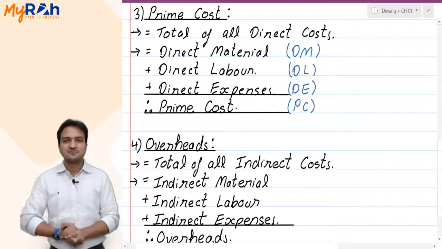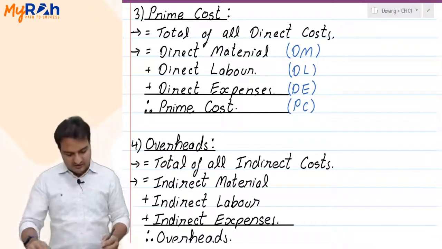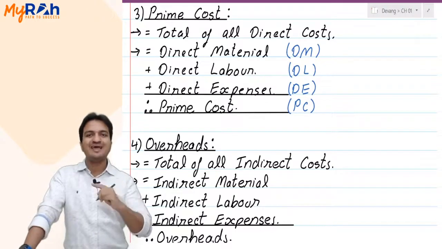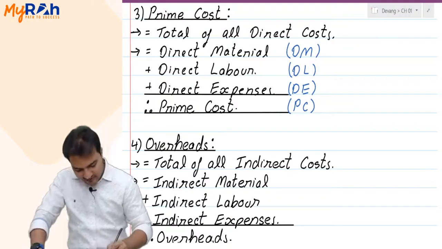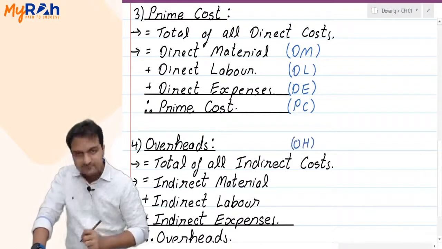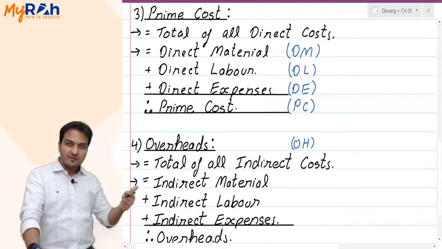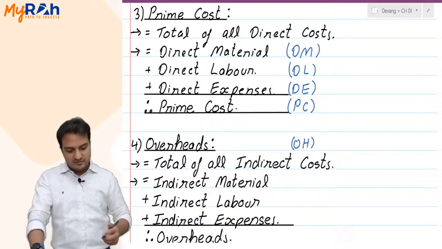That is prime cost. Overheads is another name you need to know. Overheads will be the total of all indirect costs. Total of all items of indirect costs, I will name that overheads, OH, which means indirect material plus indirect labor plus indirect expenses. Expenses means other expenses.